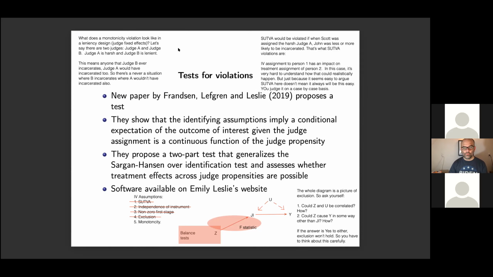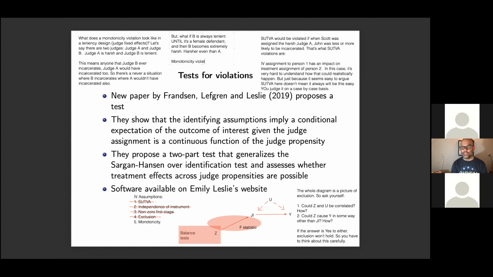Okay. But what if B is always lenient until it's a female defendant, and then B becomes extremely harsh, harsher even than A?